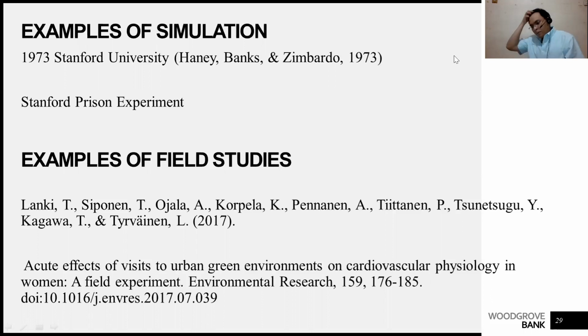In summary, the researchers observed the women going to parks, gardens, and forestries.